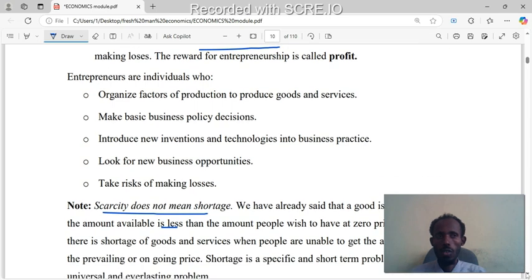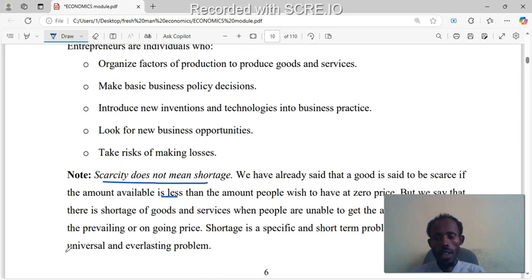At a given or ongoing price line, there is a shortage of commodity. So shortage is a specific and short-term problem, but scarcity is a universal and everlasting problem.